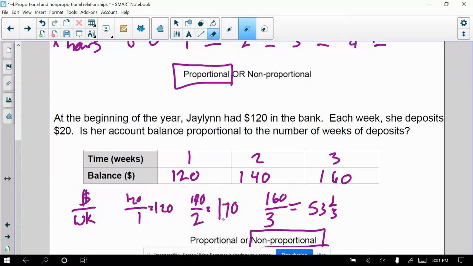Why did I put 170? This should be 170. Since these do not reduce to being the same, it is non-proportional, even though it is increasing by the same amount, because we did not start with 0.